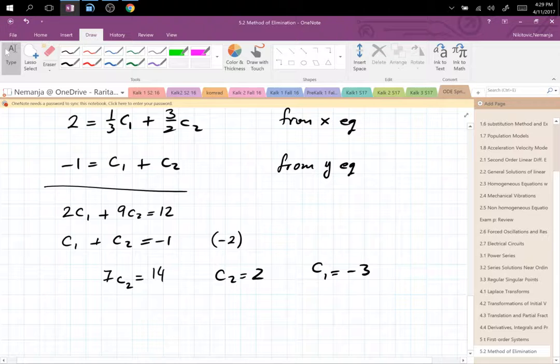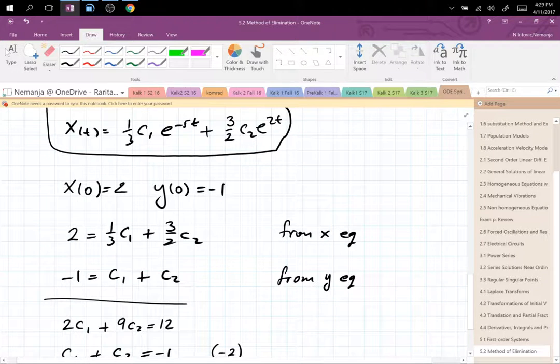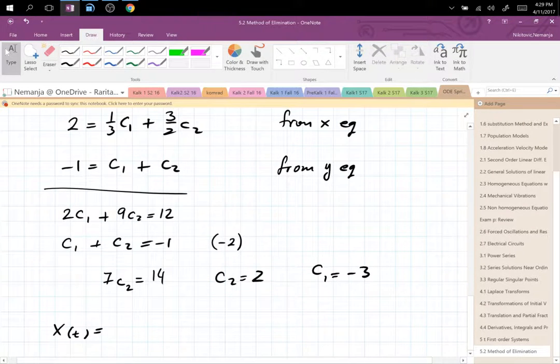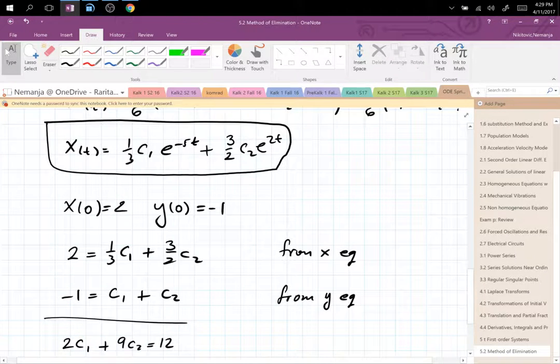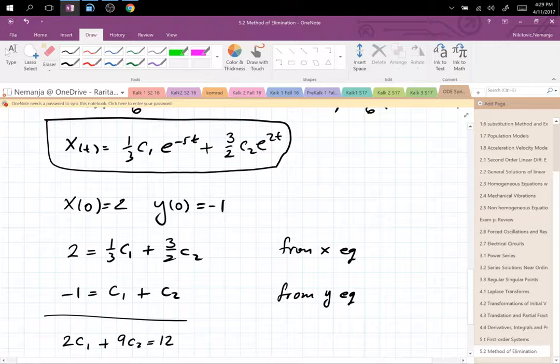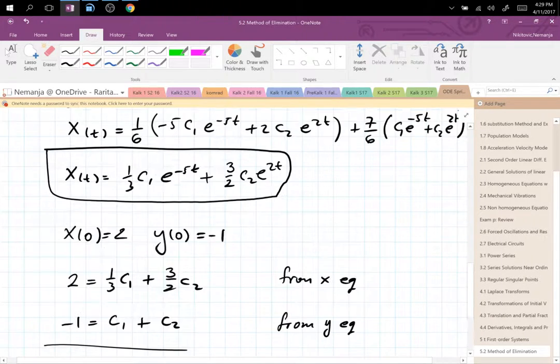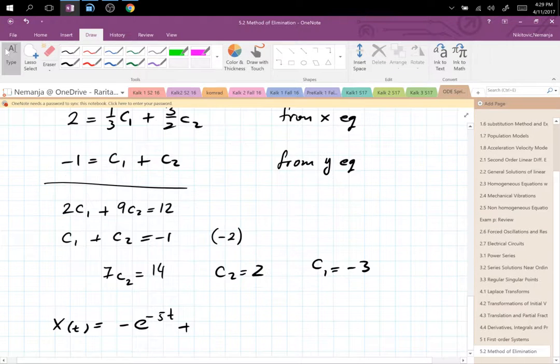Well, this is exciting, because now I can write the overall solution, right? The particular solution. 1/3 of C1, so that's a negative e to the -5t plus 3/2 of C2, so 3e to the 2t.